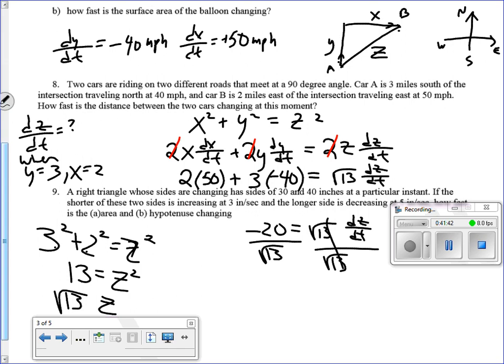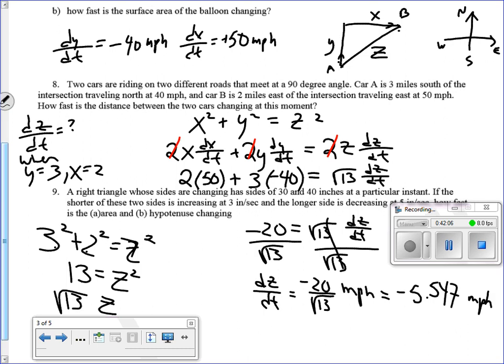You can leave it exact as negative 20 over root 13 miles per hour, or which is approximately equal to negative 5.547 miles per hour. So if you use your calculator, just be accurate to 3 places after the decimal.